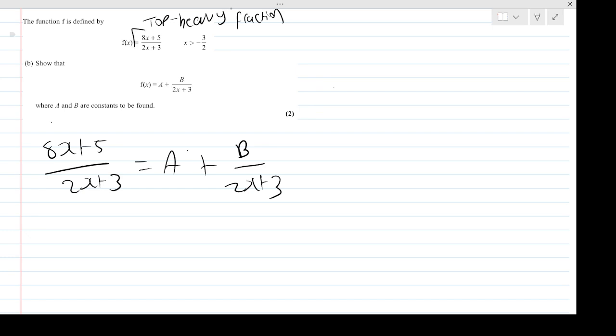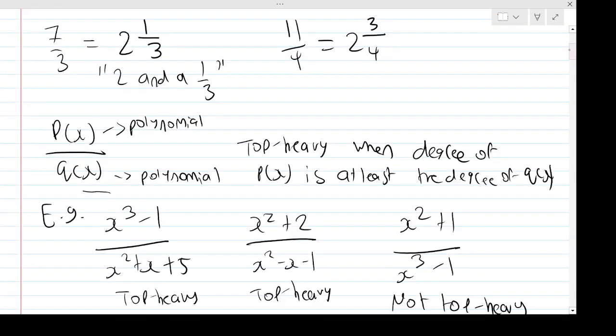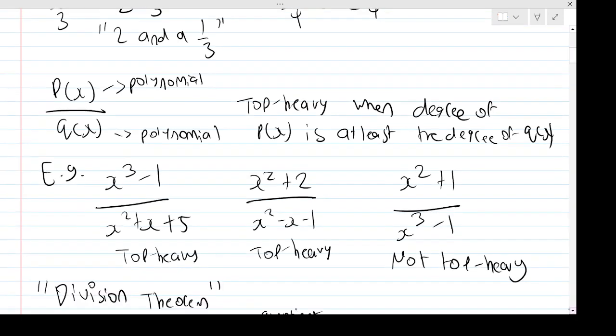And we can do that here because for 8x and 2x, the highest powers of x are 1. They're both linear, but they're both equal. As we saw at the start with these three examples, this one, for instance, even though the power on the top and the bottom is x squared, that's still top heavy.